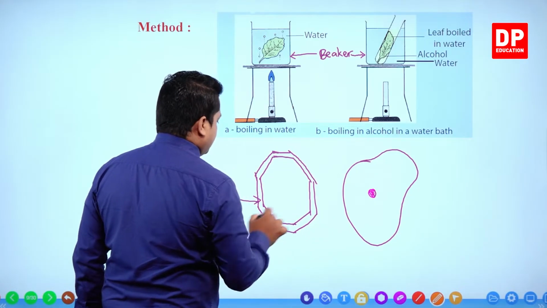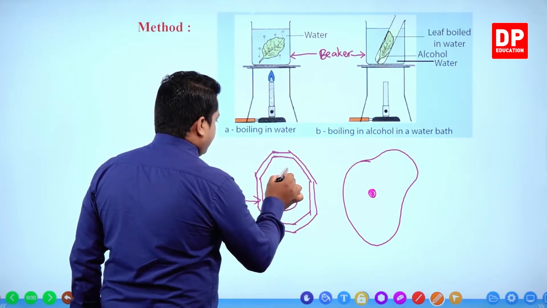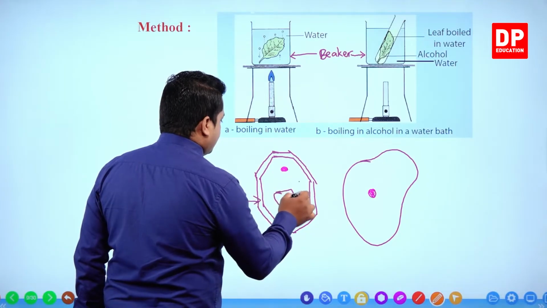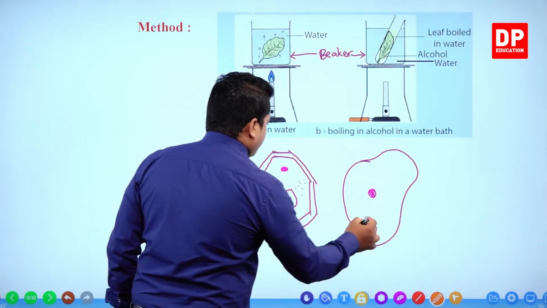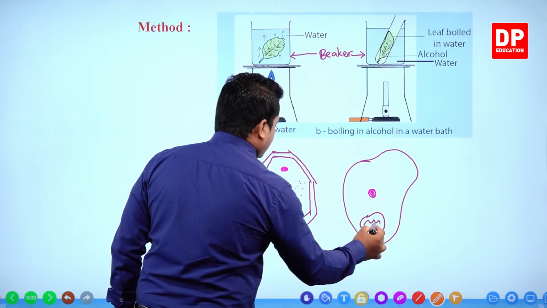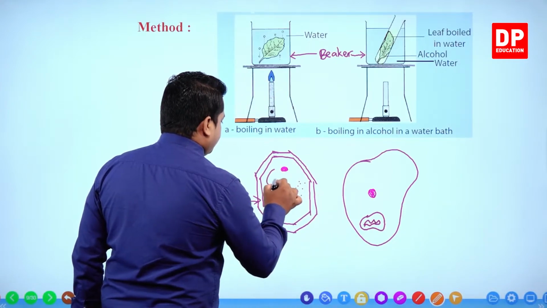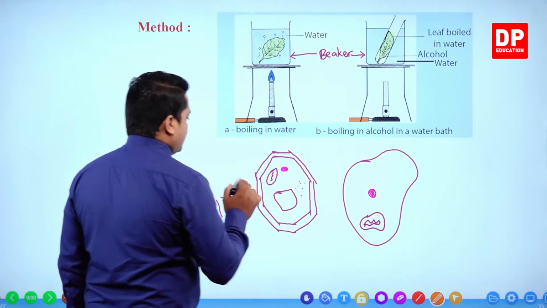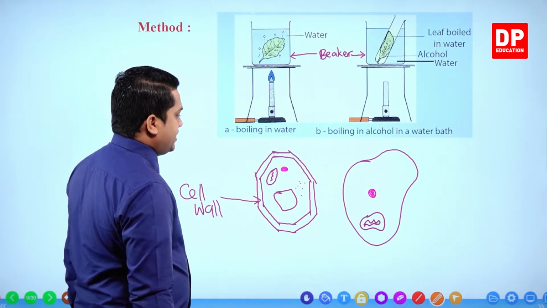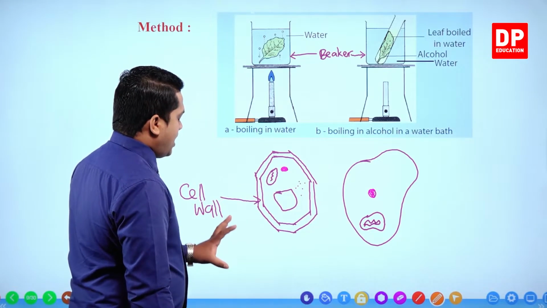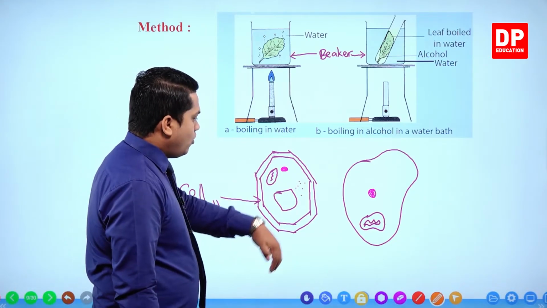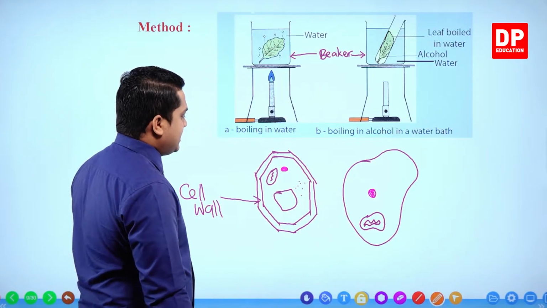There are different structures within the plant cell, and in animal cells also there are different structures. You know that these are referred to as organelles. In a plant cell, there is a protective organelle which is called the cell wall.